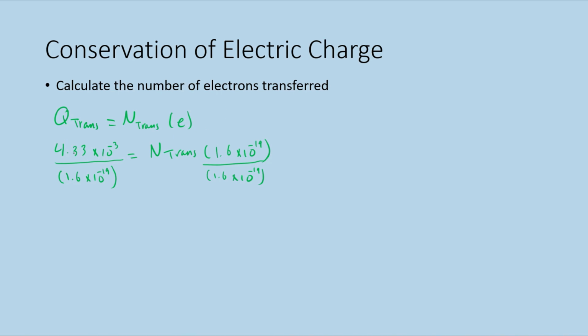We get the answer for N transferred is equal to 2.71 times 10 to the power of 16 electrons. So this is the amount of electrons that was transferred from one of the objects to the other one.